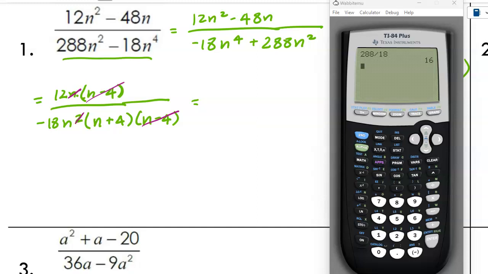That'll get simplified, and 12 and 18 are both divisible by, I believe, 6. Oh, I'm sorry, a 2 in the numerator. Let's go ahead and do 2 and 6. No, 3, I'm sorry.